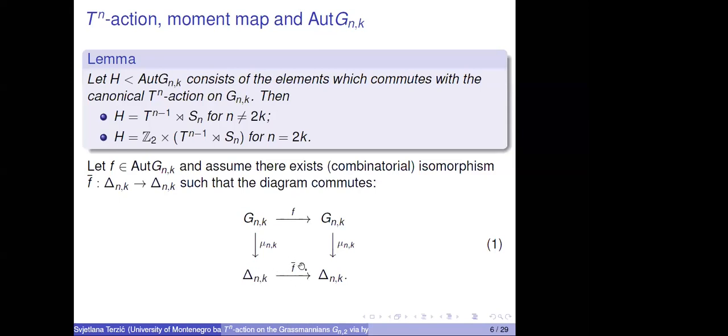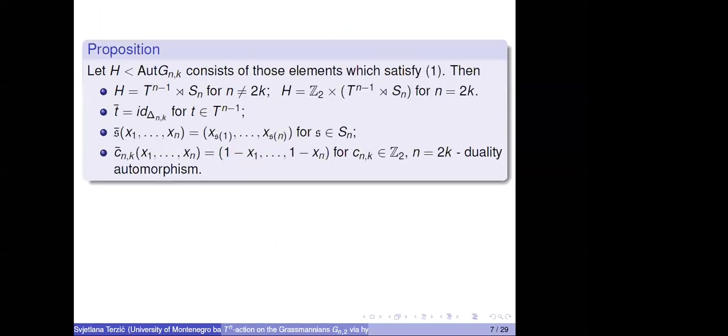In other words, for such a combinatorial isomorphism f bar, the preimage under the moment map of a point and of its image will be the same. Then it turns out that if we consider such automorphisms on G_{n,k} for which there exists this combinatorial automorphism f bar of Δ_{n,k}, then the subgroups are the same.